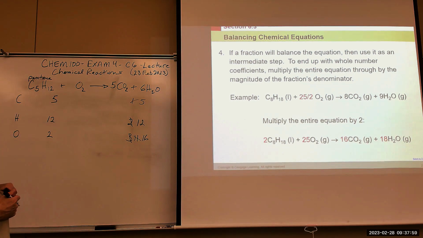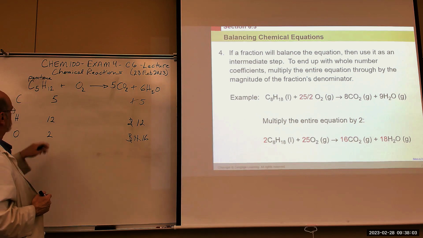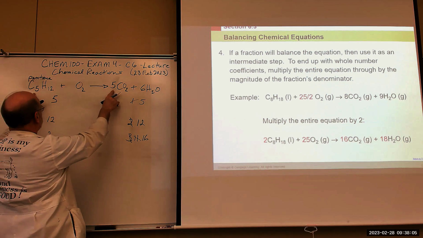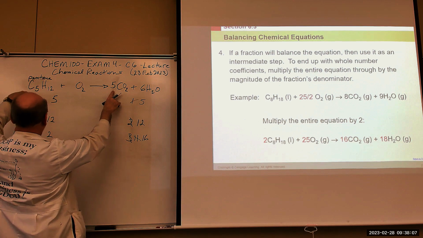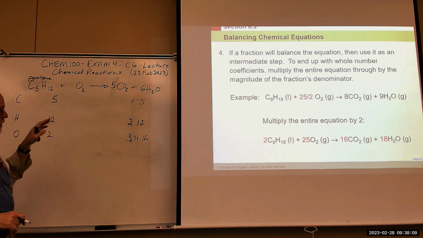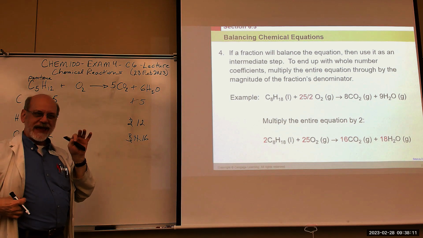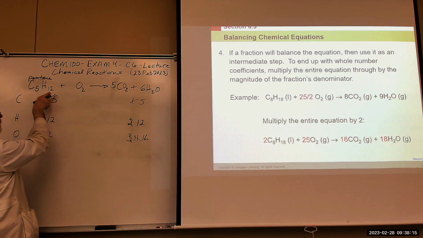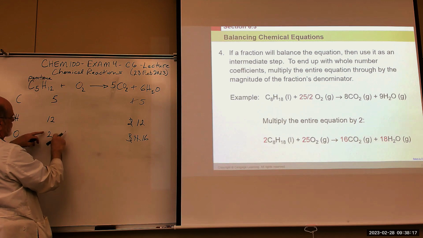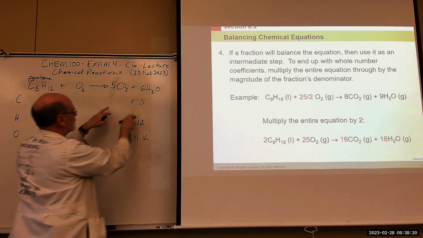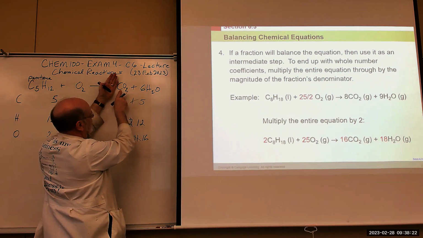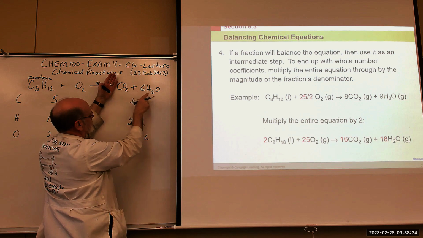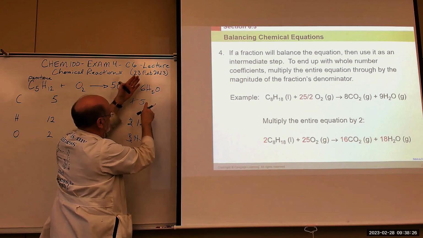Okay. Let's see if I did that right. 5, 5. You know, sometimes it's helpful to know that you've counted them correctly to begin with. Just total them up. So 5 plus 12 is 17, 18, 19. So that's 14 and that's 19. This would be 1, 2, 3, 4, 5, 6.